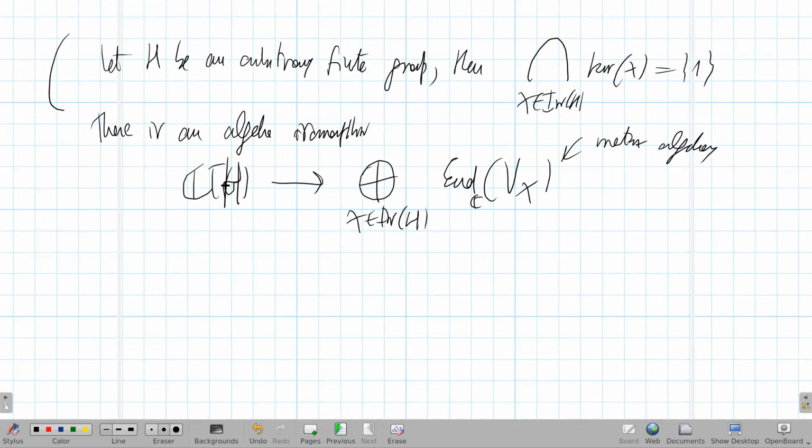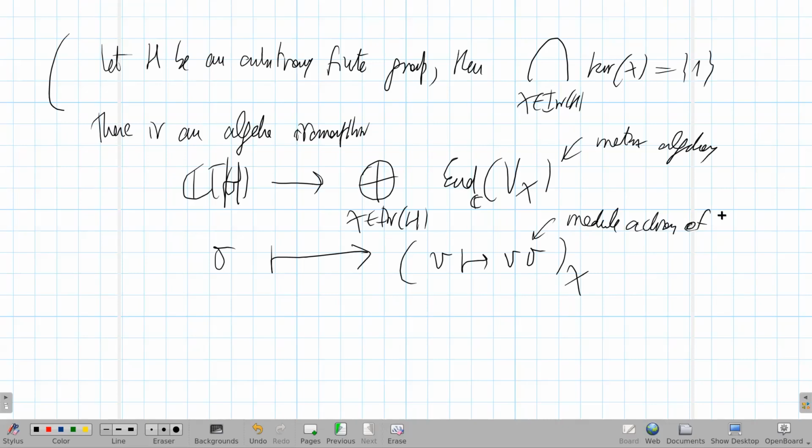Well, if you take an element here, which I call sigma, this goes to something that on the component chi sends the vector V to V sigma, where this is the module action of CH on V chi.